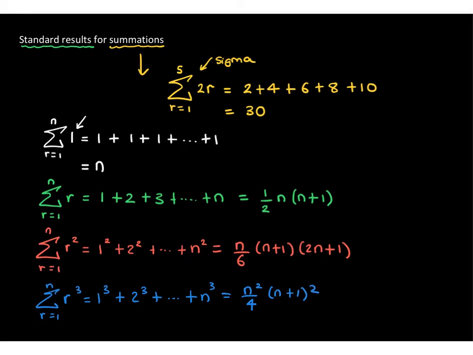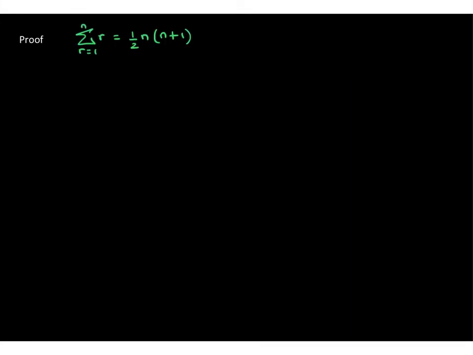Now, these two results can also be proven, but we are going to prove them a little bit later on in a further lesson. The first one is a fairly obvious result here, and this one we are now going to look at proving. So let's look at this result. We want to prove that this summation is equal to a half n plus 1.